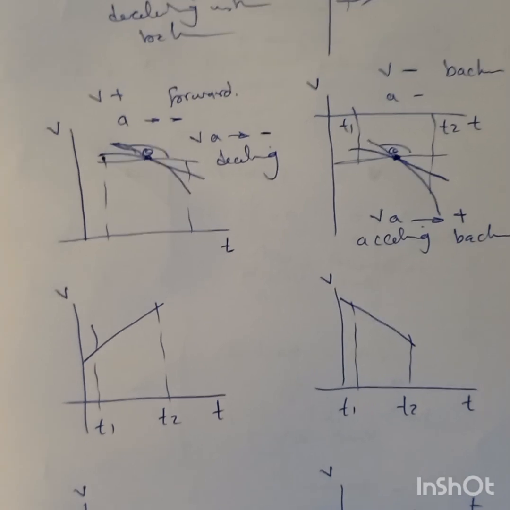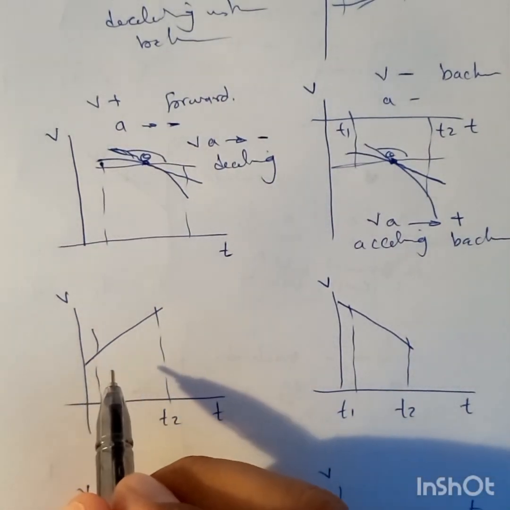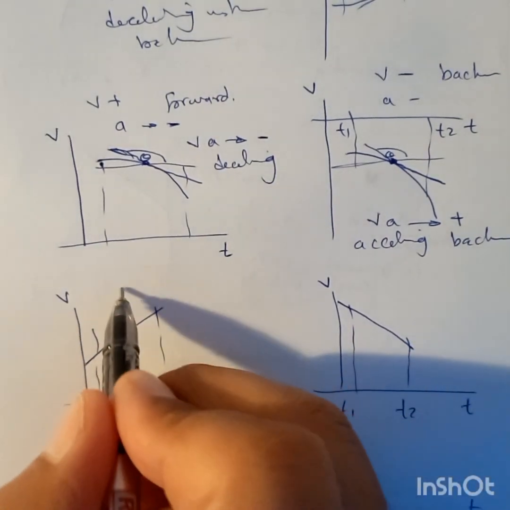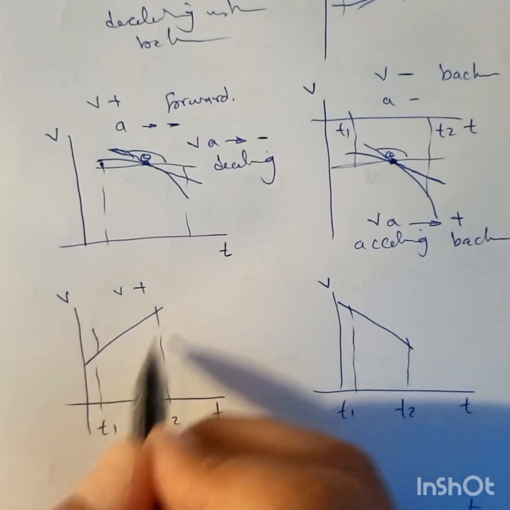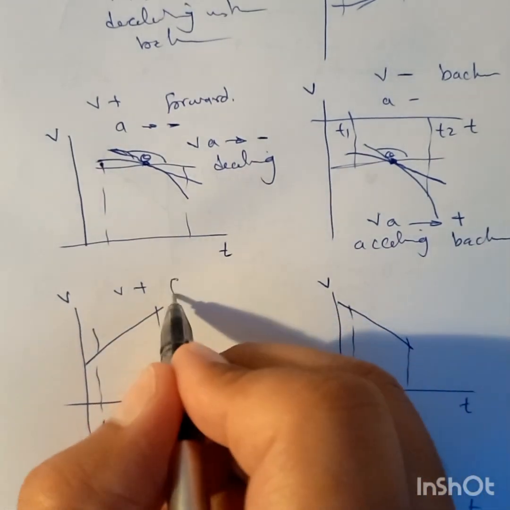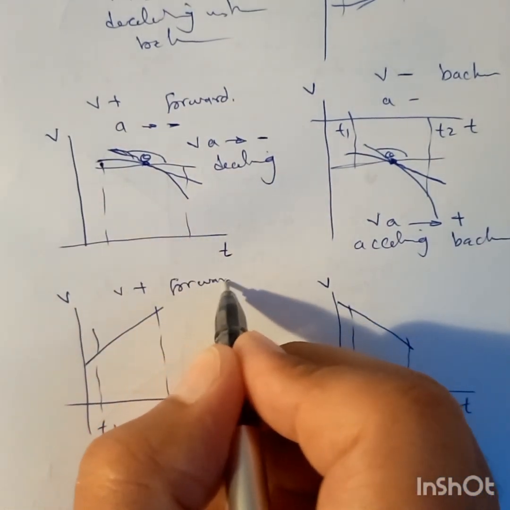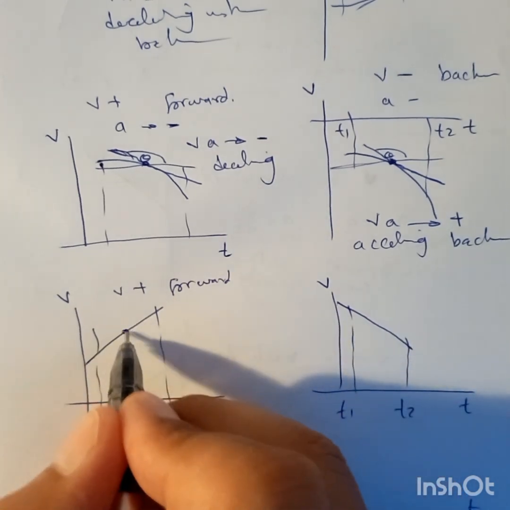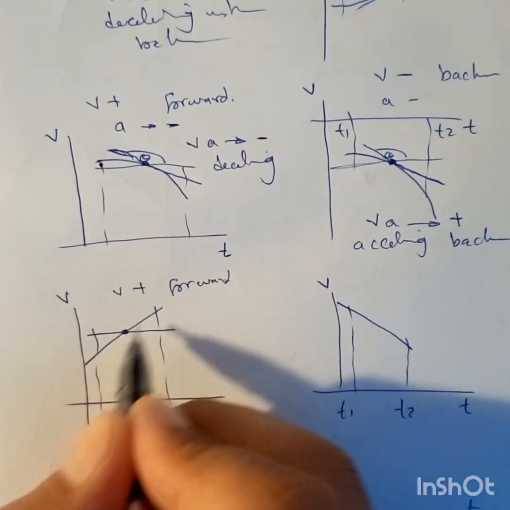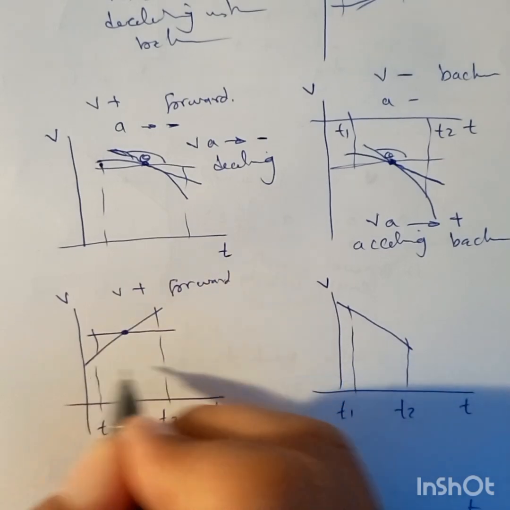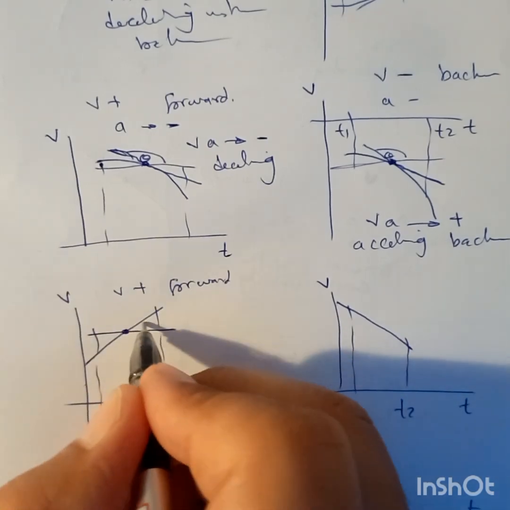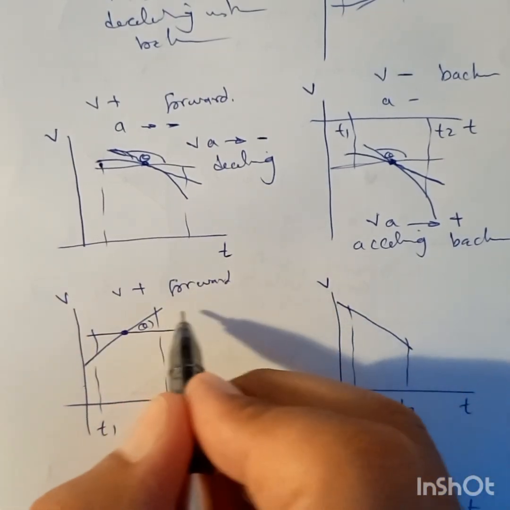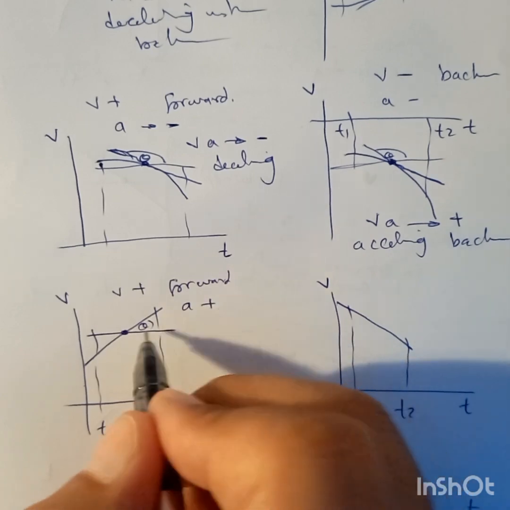Then we have accelerating motion according to the sign of va, in backwards direction according to the sign of velocity. Okay, for this one velocity is positive as the curve is above the x-axis. Then we have forward direction of motion. For acceleration, we find the slope of this curve between t1 and t2. Theta here is acute, then acceleration is positive.